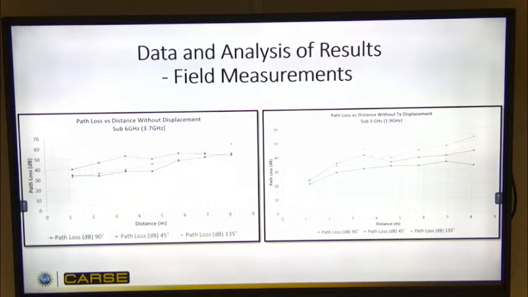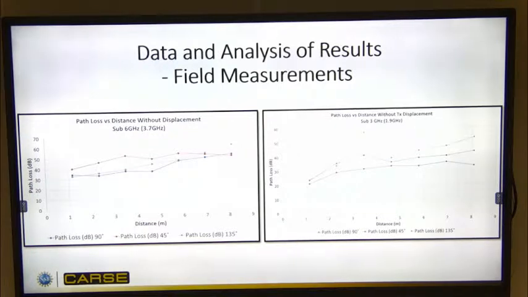Okay, so as you can see right here, it shows the graph for the frequencies of 3.7 gigahertz and 1.9 gigahertz. And for both cases, in the case of the 90 degrees, it can be seen that the greater the distance, there was an increase in the path loss.